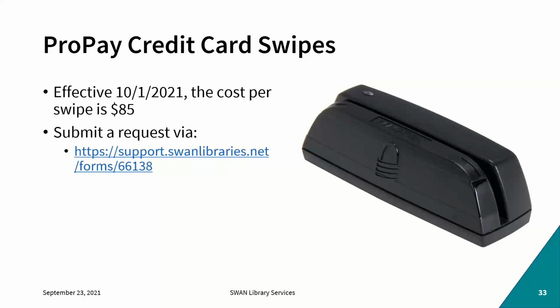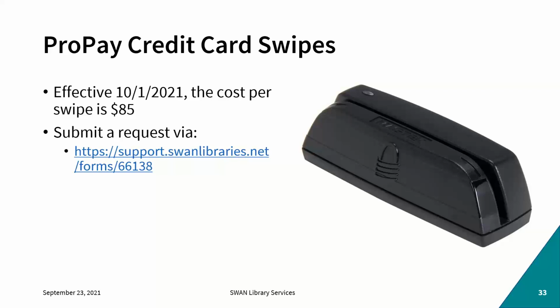And I think at this point, the compatible technology that works with Workflows, if you want something that's fully integrated like that, it's going to have to be the ProPay MagTech, the credit card swipe reader. So if you've been holding out, I would recommend just go ahead and purchase them for your libraries.